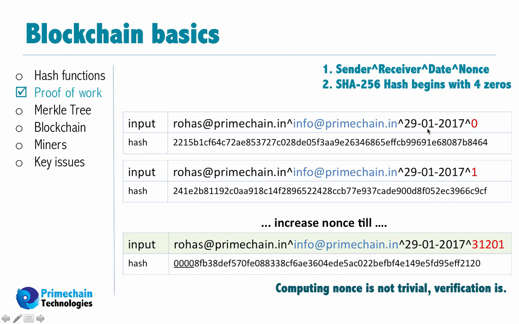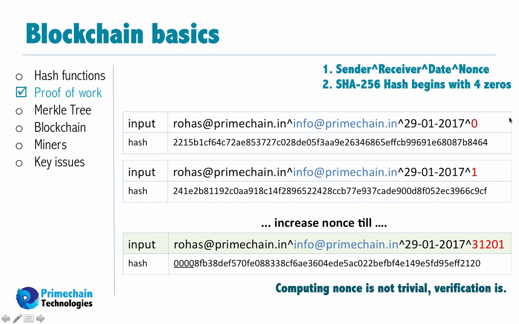We put a small delimiter, and then at the end you see this red number starting with 0, 1, 2, 3 going forward. We keep incrementing this number such that when this entire chain is hashed, the resultant hash begins with 4 zeros.